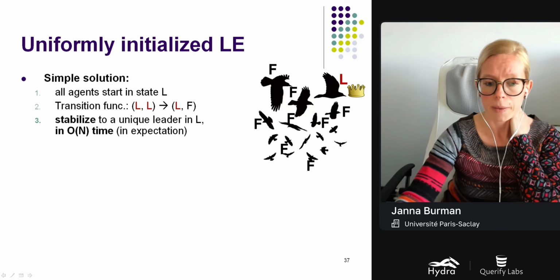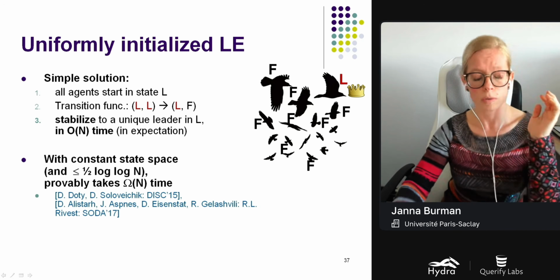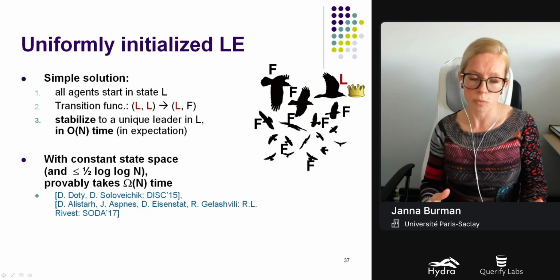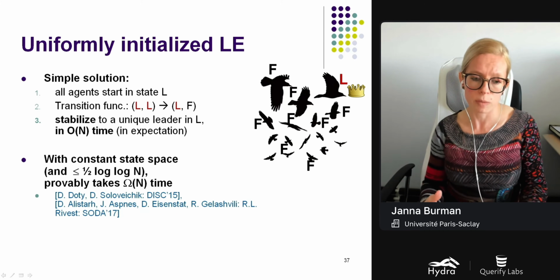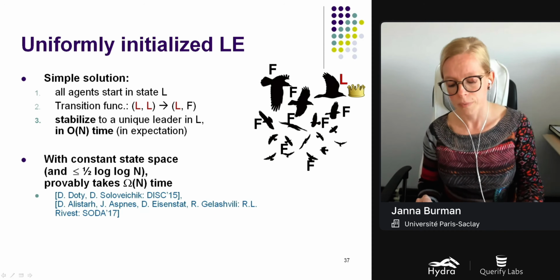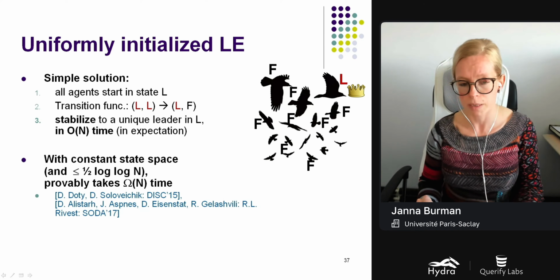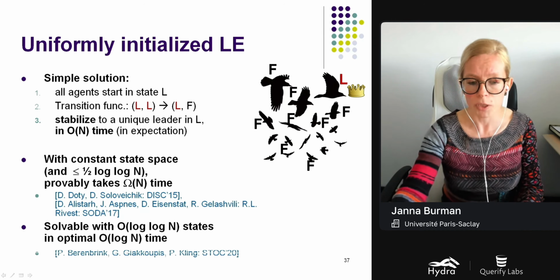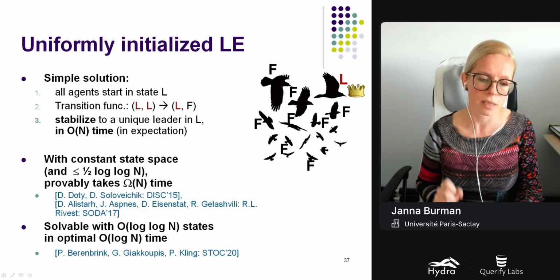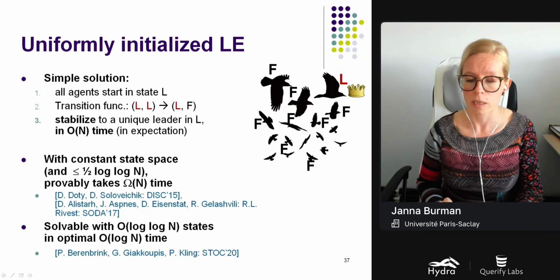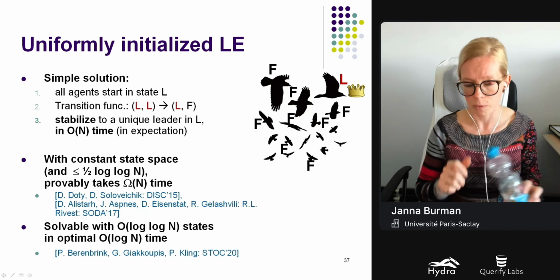There are even results showing that we cannot do better than linear time. We have to spend at least linear time if we have a protocol that uses a constant number of states per agent. But if we use just a little bit more, log n states, we can already obtain an optimal, logarithmic time protocol.